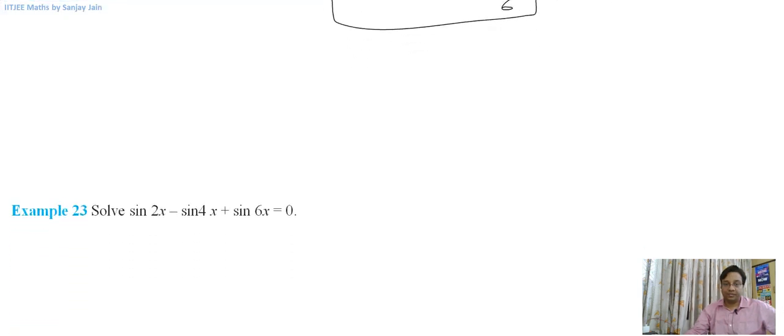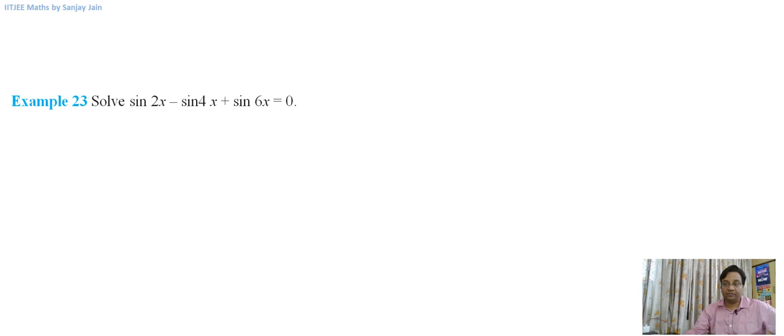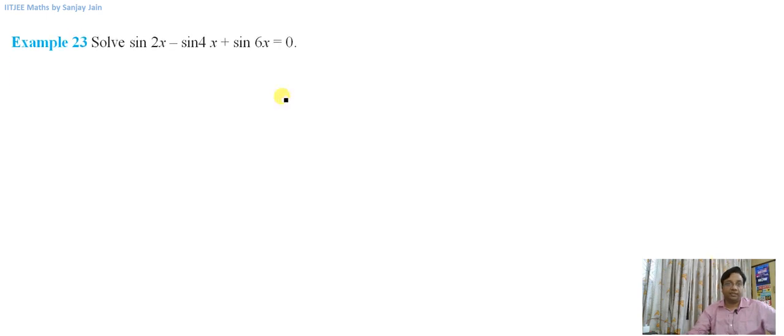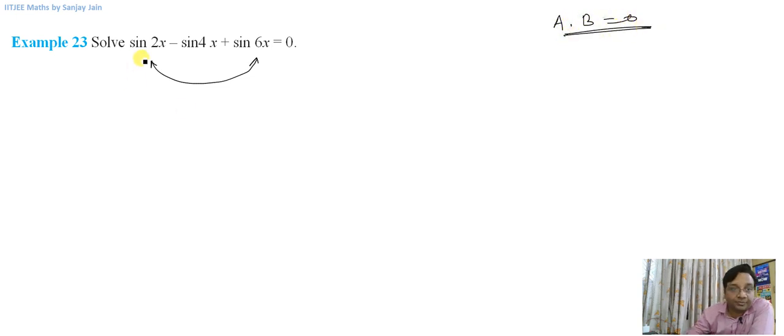So the next question is this: sine 2x minus sine 4x plus sine 6x equals 0. So what I can think of is applying the CD formula on these two, right? First of all, I'll simplify it and try to bring it into some a into b equal to 0 type of form. So let me apply the CD formula on these two.